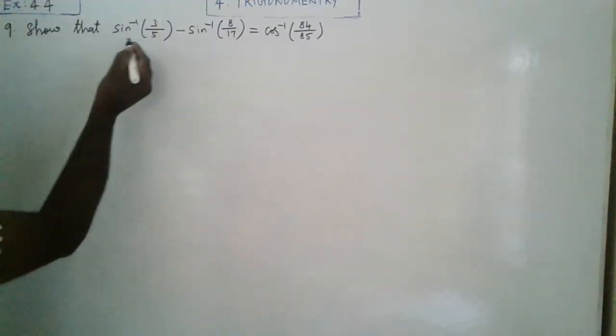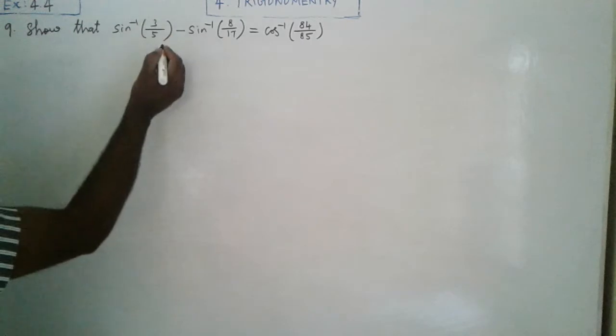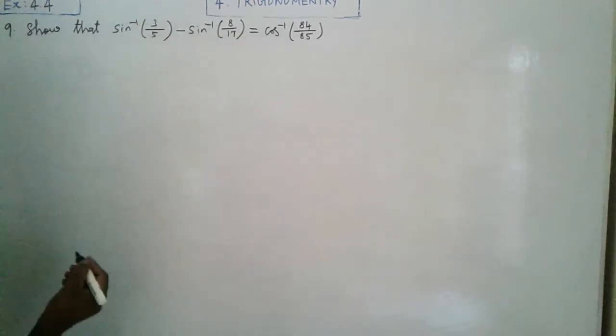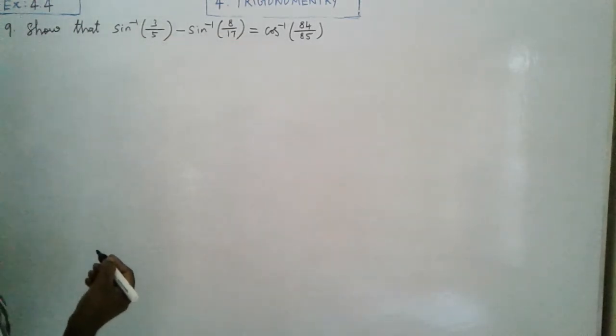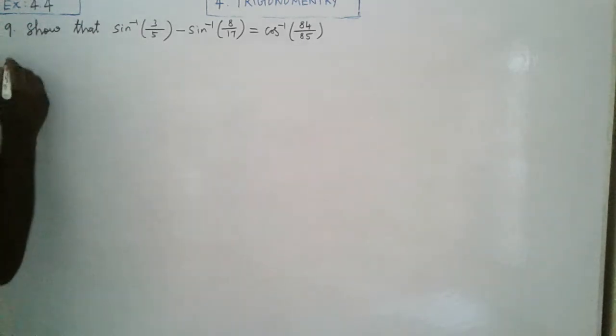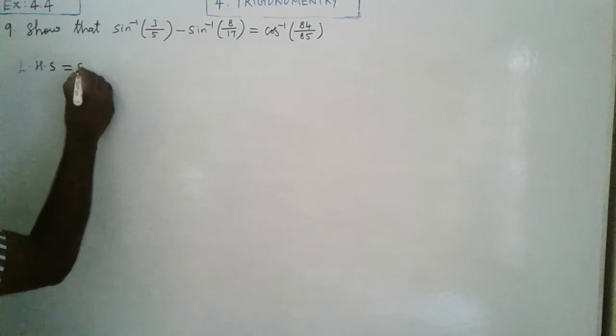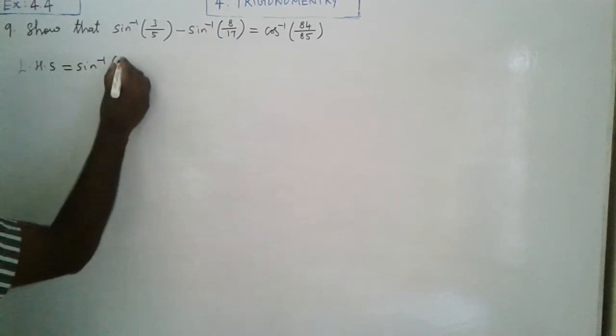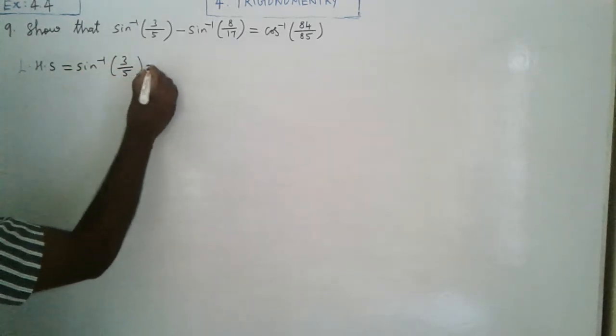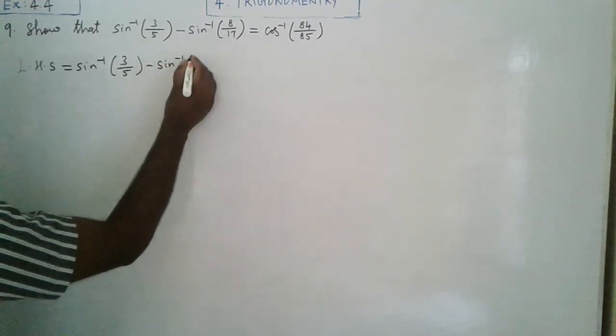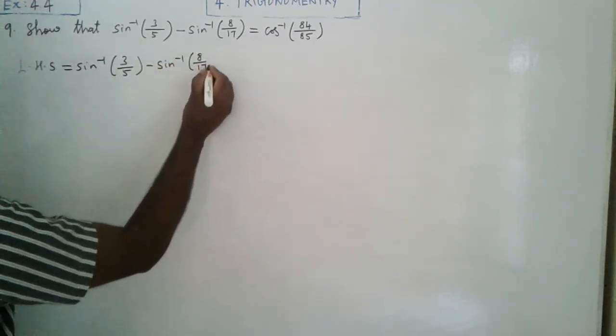Next sum, show that sin inverse 3 by 5 minus sin inverse 8 divided by 17 equals cos inverse 84 divided by 85. LHS equals sin inverse 3 by 5 minus sin inverse 8 divided by 17.